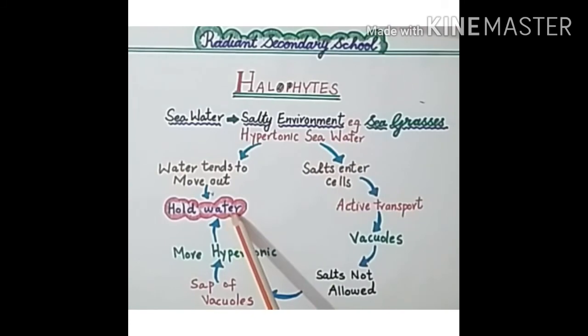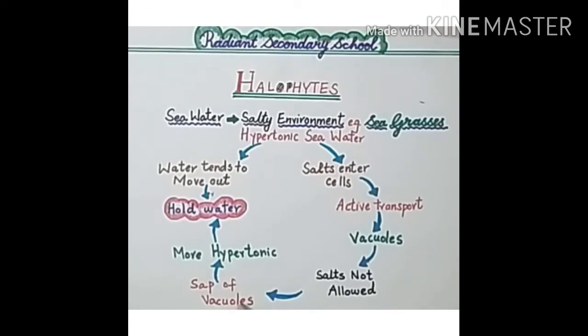To achieve this purpose, when salts enter the cells, the cells perform active transport and the salts then enter into the vacuoles. So there is high concentration of salts inside the vacuoles. These salts are not allowed to move out through the semi-permeable membrane, and hence the sap of the vacuole becomes more concentrated than the seawater.